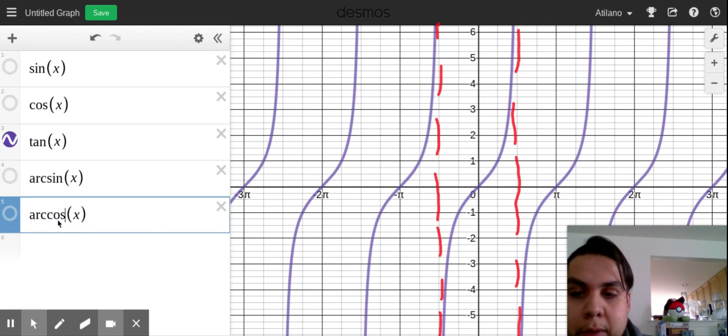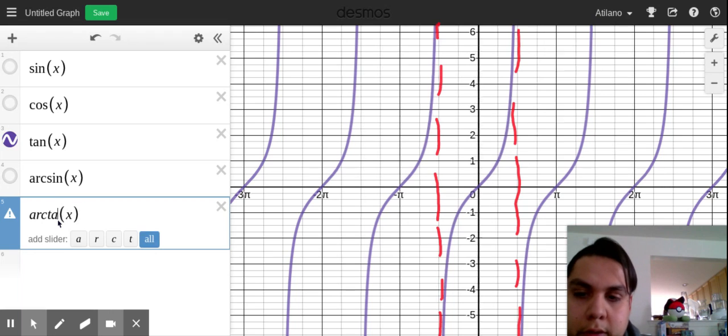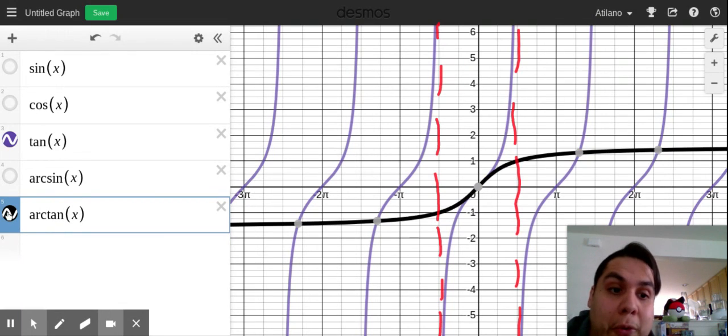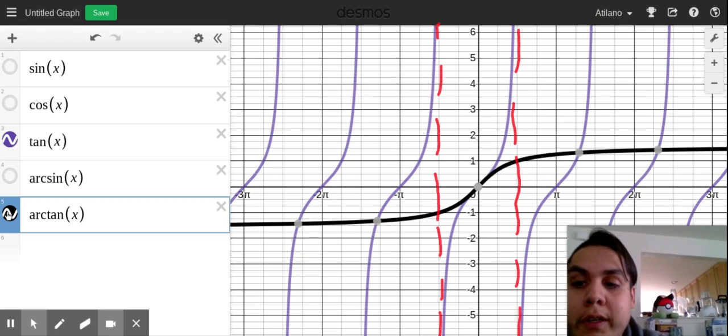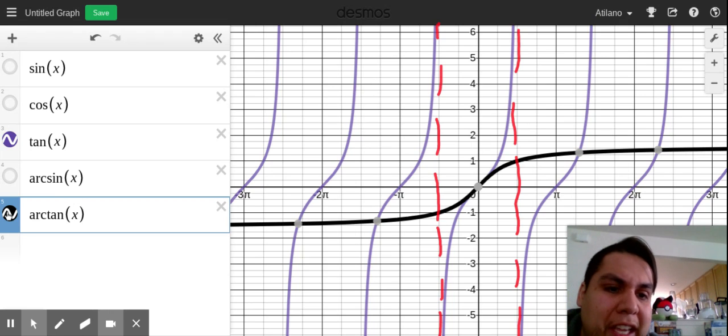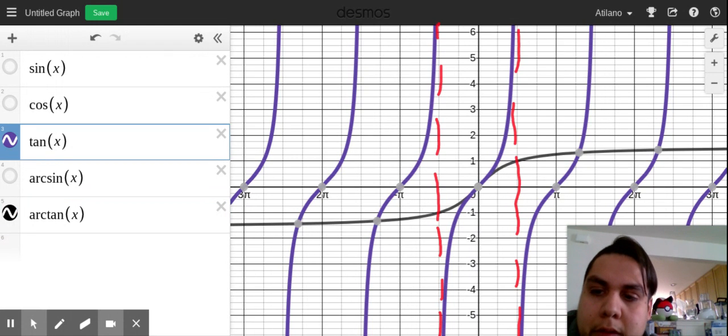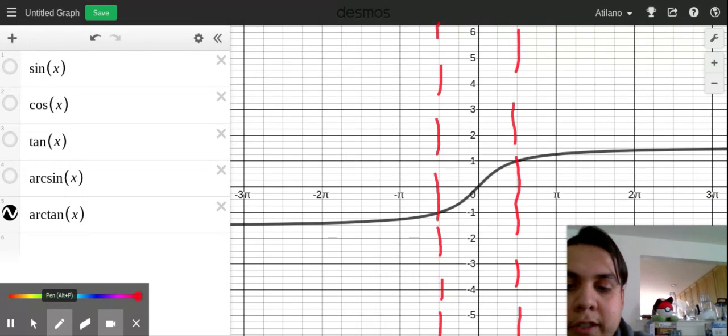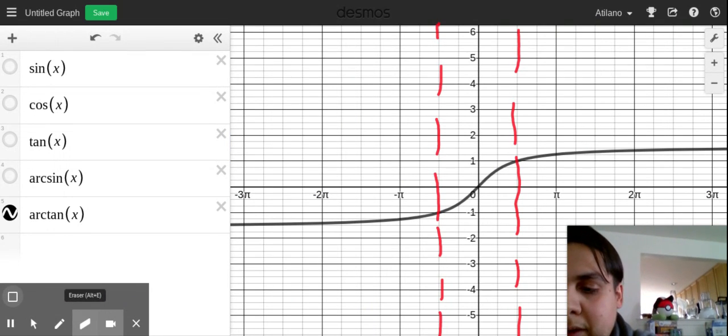Let's change this from arc to arctan. Okay, I'm going to get rid of the tan graph because it's kind of hard to see. Arctan has these special characteristics.